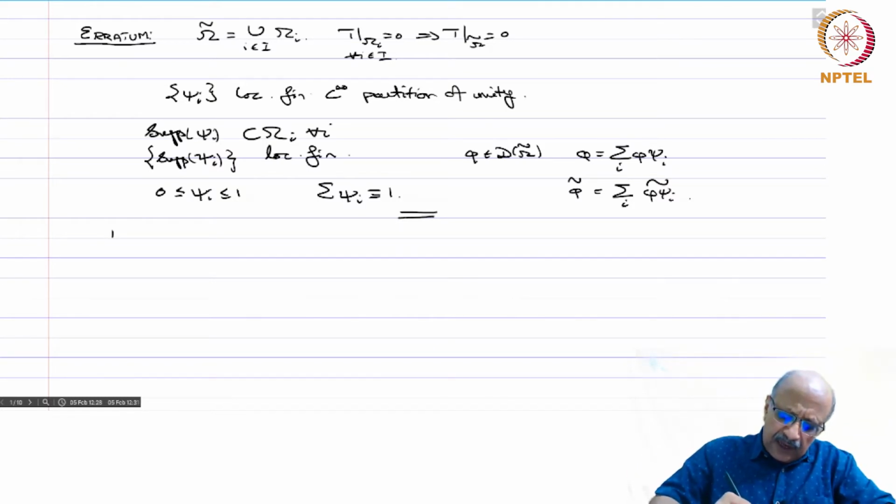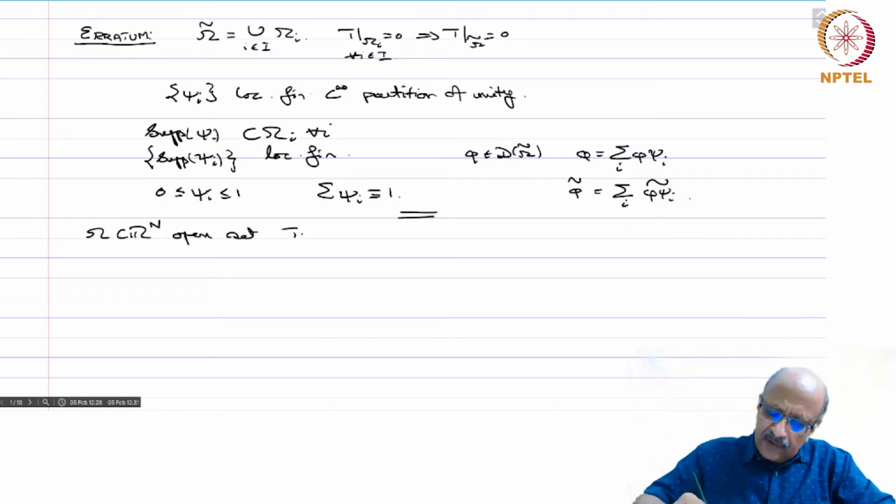So Ω is contained in R^n, an open set, and T is a distribution on Ω, and the support of T is equal to K, compact.